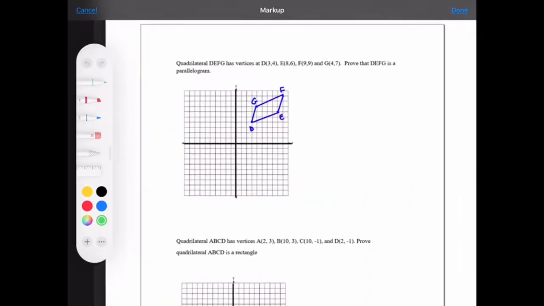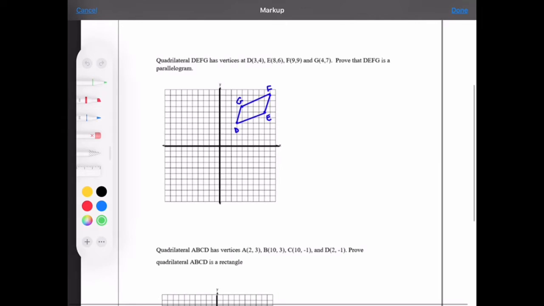Okay, so moving on to the next parallelogram problem. It says that quadrilateral DEFG has these vertices. Prove that it is a parallelogram. So why don't we go ahead and label our points first. D is 3, 4.